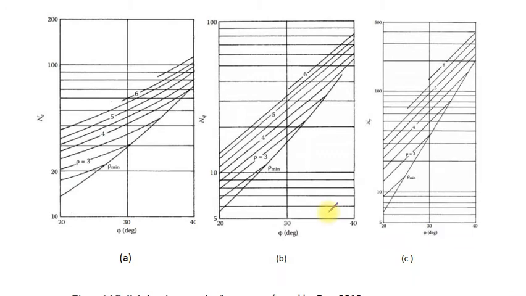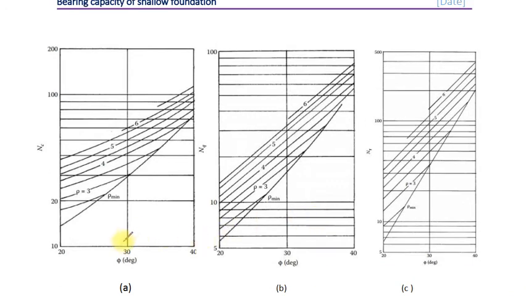by using these figures. The first figure is according to phi from 20 to 40, and for different lines of rho equal to 3, 4, and 6.